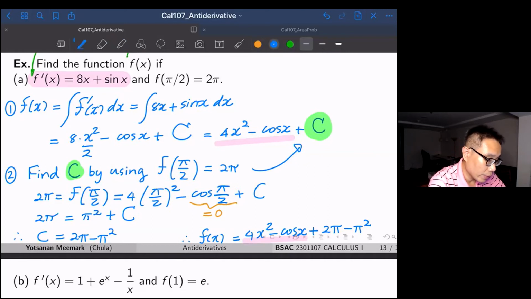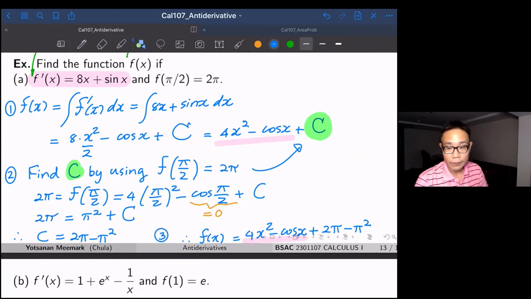And this one will be your third step, so this will be your final answer. So you have steps 1, 2, and 3.